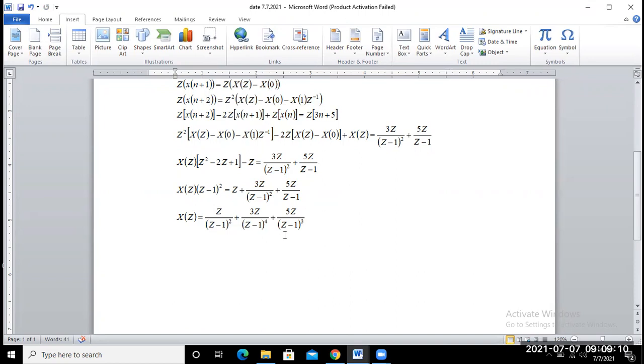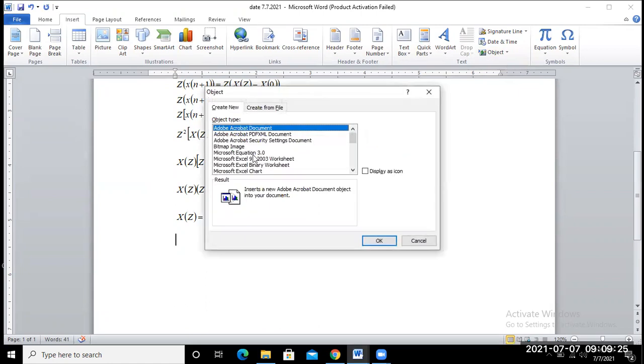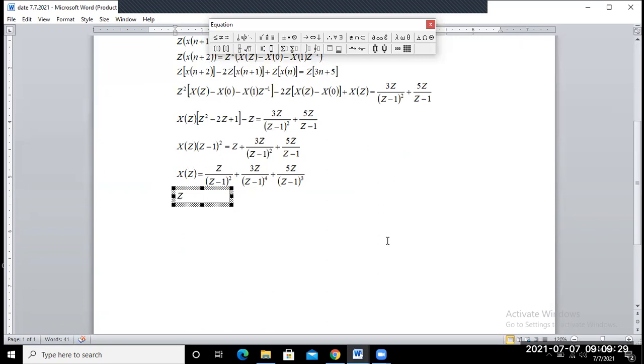Okay. So now you just try to take the inverse of this Z transform. Just as you know that the Z transform of 1 can be written as z by z minus 1, the Z transform of 1 equal to z by z minus 1.